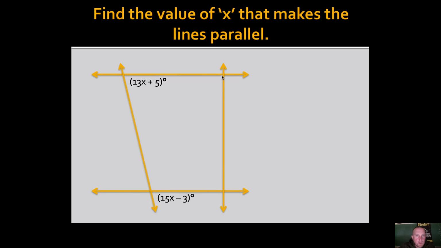Okay, I lied, so we'll do one more. We don't need that line. These angles are corresponding. If you want the lines to be parallel, your corresponding angles need to be congruent to each other.